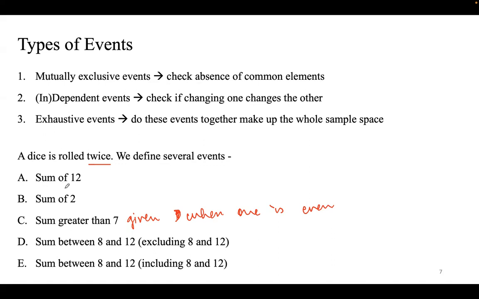So here it's sum of 12 only, so it is only 6,6. Sum of 2, we know it's only 1,1. A sum greater than 7, so you can have sum is 8, 9, 10, 11, 12. So basically C and E are actually the same thing, right? So even when you add all of this up, you don't get an exhaustive set. So you don't get the whole sample space. So these events are not exhaustive. All right, so this is just the types of events that you will come across when talking about probability.